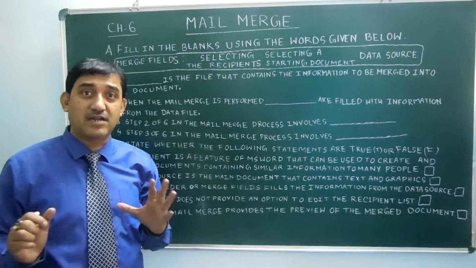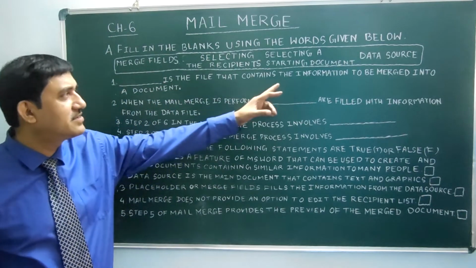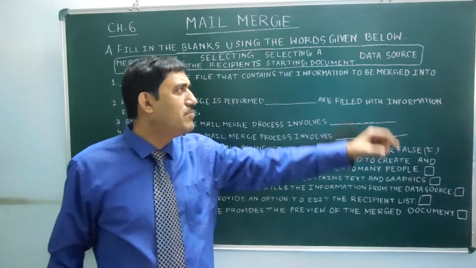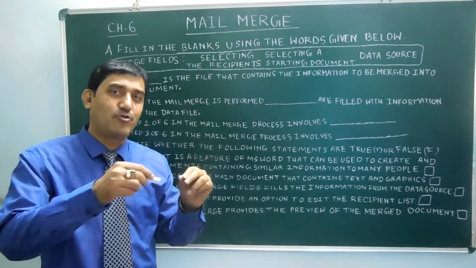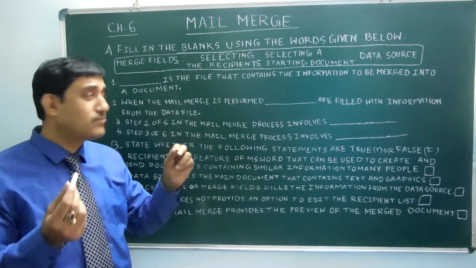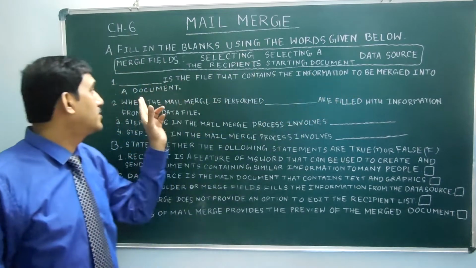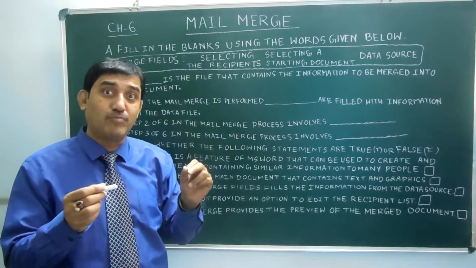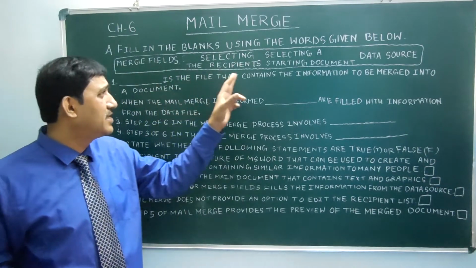So the words are given. The first one is: dash is the file that contains the information to be merged into a document. You can understand very well from the sentence. Which file contains the information to be merged into a document? That is the main document? No. Merge fields? No, this is not that.